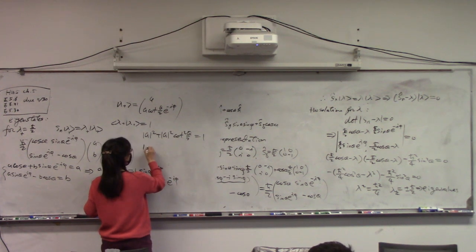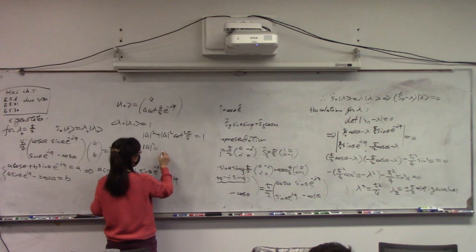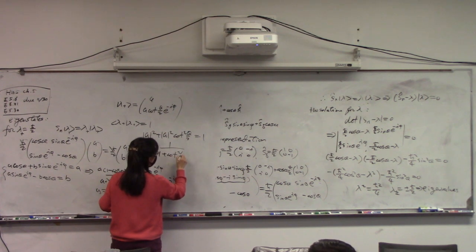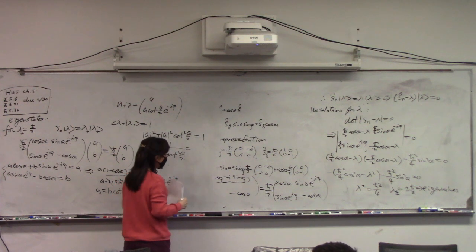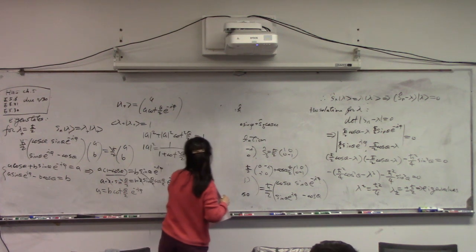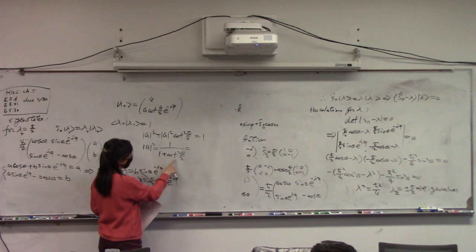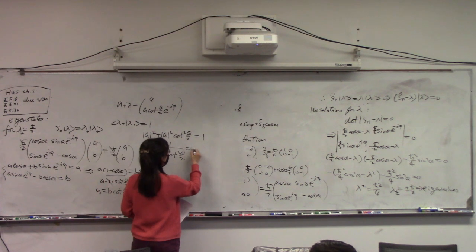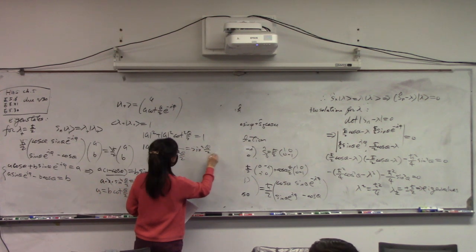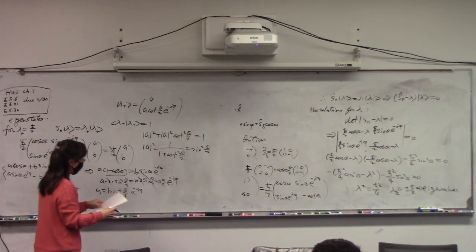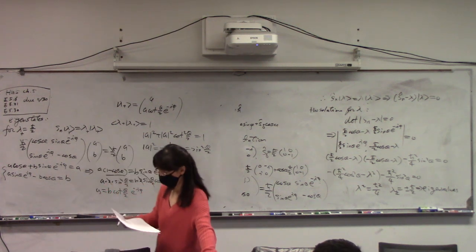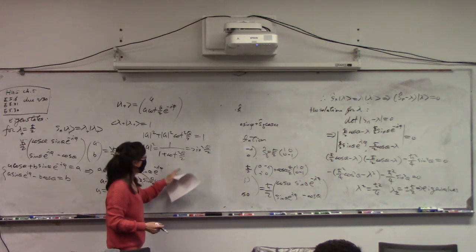Then you can have a square times cotangent square half theta, and we can multiply the denominator sine square half theta, so sine square half theta here, and that is 1. Does that make sense?